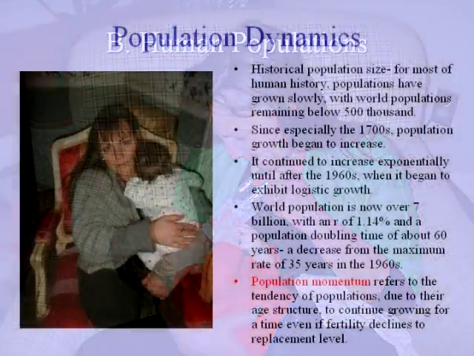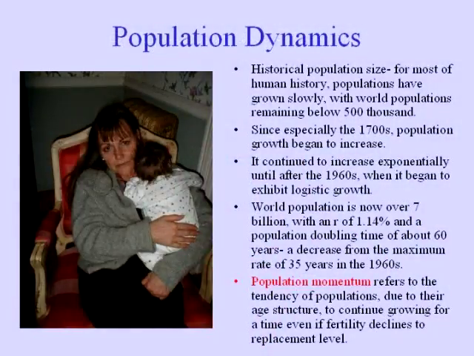For most of the past 2 million years, human populations have been rather small, under 500,000. And during most of that time, human population growth rates have been very small as well. It's only really since the 1700s that human populations have taken off, but since that time they have exhibited exponential growth, which is a phenomenon that we've discussed earlier.